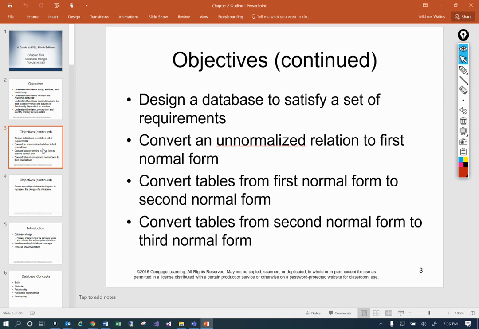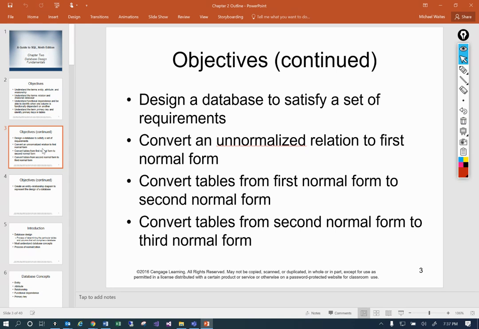I will take points off in homework when that happens because it's important to understand that requirements are the contract between the developer and the client. It's the set of requirements that needs to be satisfied. And believe it or not, at times giving too much or giving more than the requirements is also problematic. So we're going to definitely focus on making sure we satisfy the requirements, no more, no less.